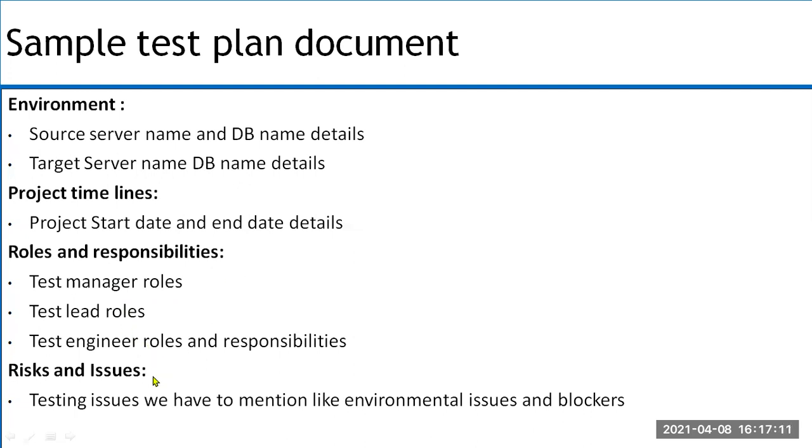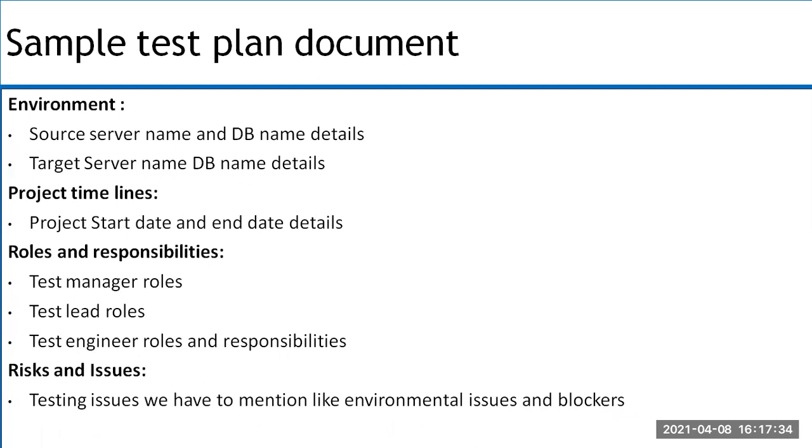Next one is risks and issues. From the risks and issues standpoint, for testing issues we have to mention environmental issues and blockers. We can mention them as our testing issues.